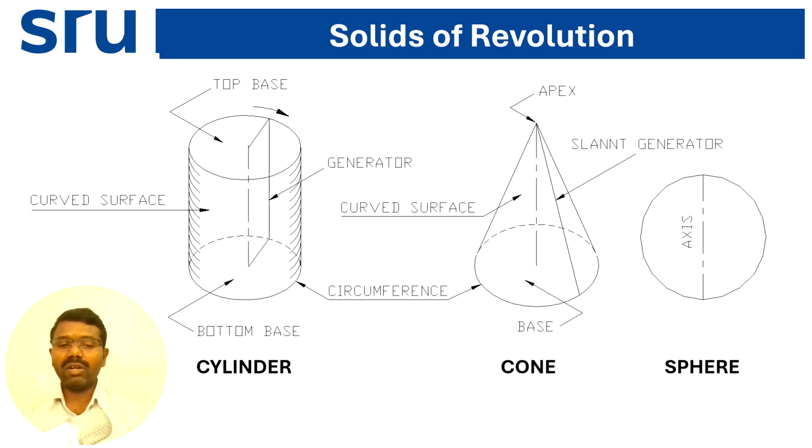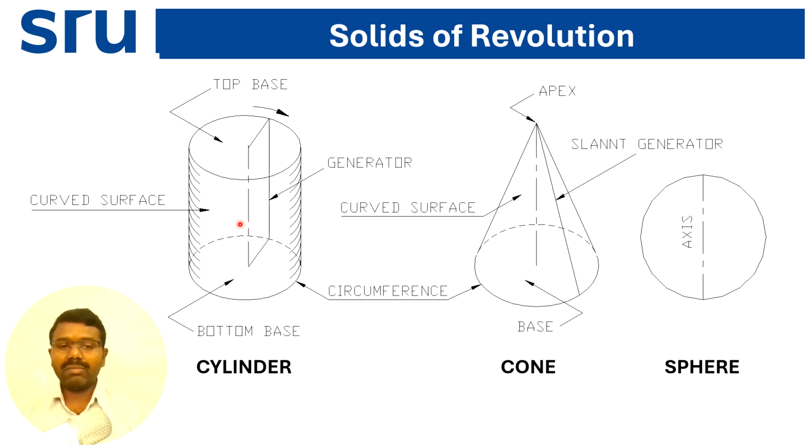Here we are majorly concentrating on the cylinder and cone. We get a cylinder when a rectangle makes a revolution about one edge. Then the cylinder is formed, and this is called the curved surface, this is the circumference, this is the bottom base and this is the top base, and there is a center, an axis.